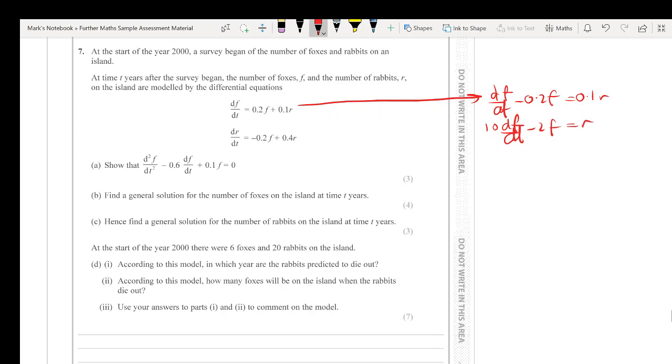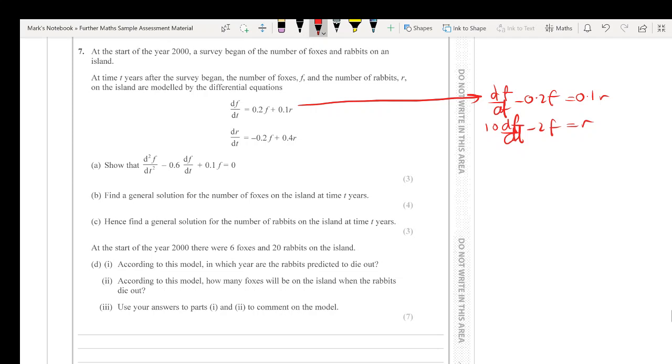Now we know that, we can get a dr dt term. So if we get dr dt, we'll be able to replace it in this side. We've already got a value for r with no r's in it, so we can eliminate it totally. So let's differentiate and get dr dt.